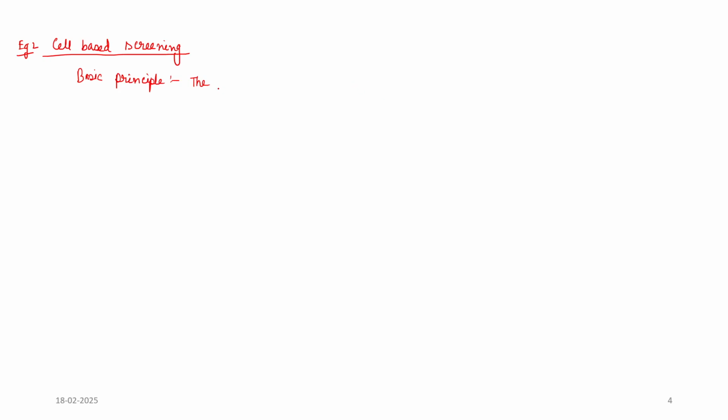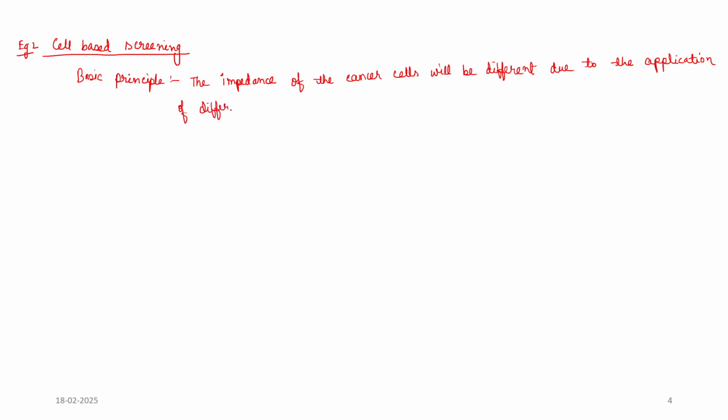So the impedance of the cancer cells will change due to the application of different drugs. So the key point here is that the impedance of the cells will change.